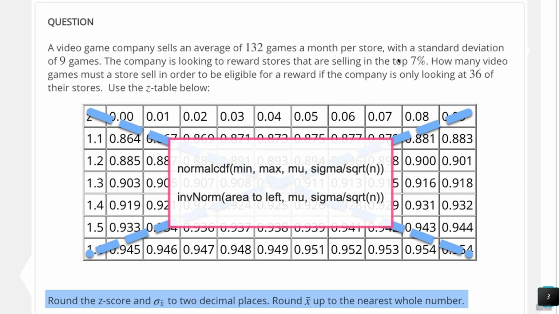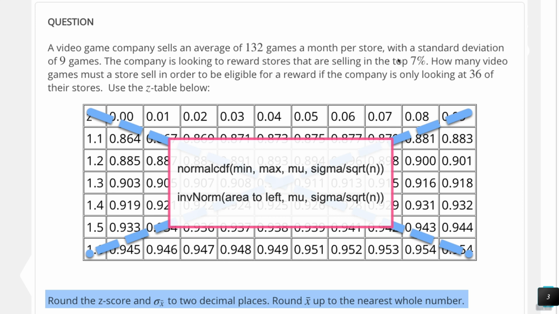And then how many video games must a store sell in order to be eligible for a reward in the company? Well, that's that line that marks the bottom 93% and the top 7%. So the line that separates those two is where we're going to mark our reward.